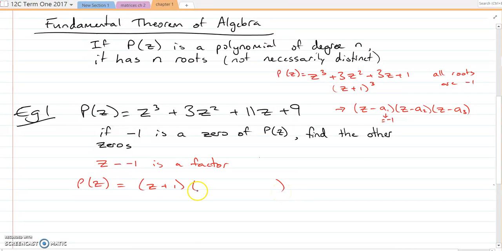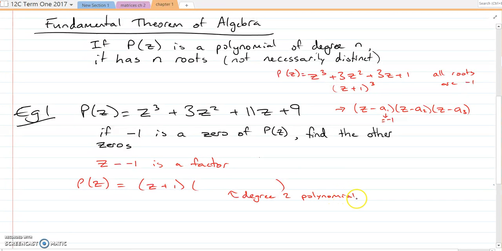Okay, and this polynomial has to be 1 degree less. Okay, it's going to be a z squared, a degree 2 polynomial. Okay, this has to be a degree 2 polynomial because we've got 2 roots left to find.